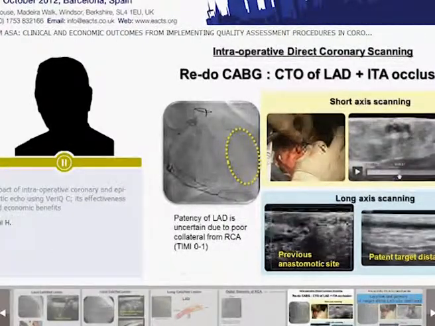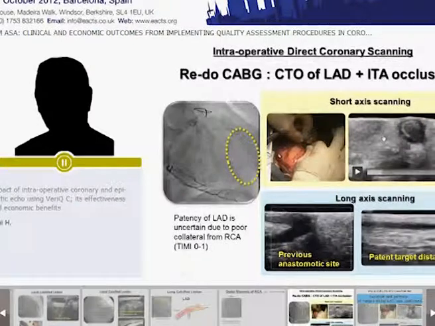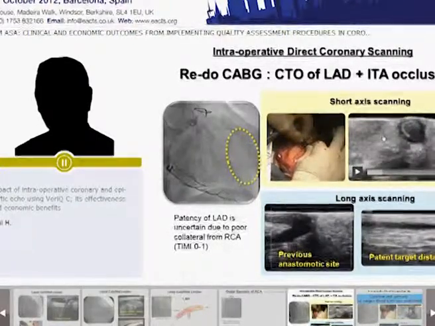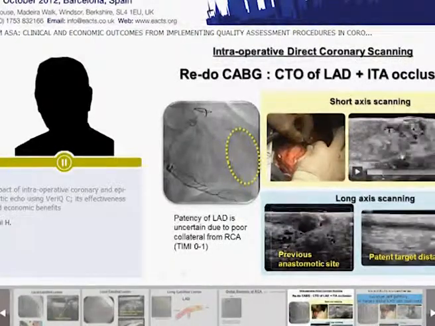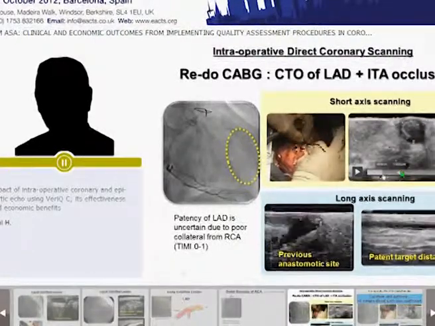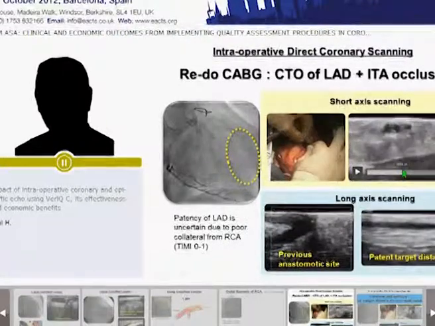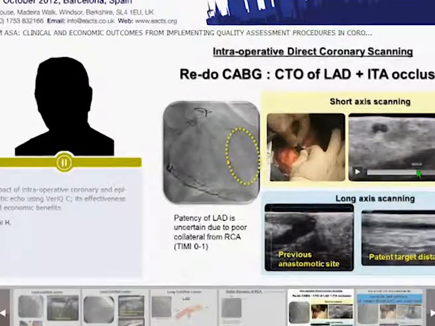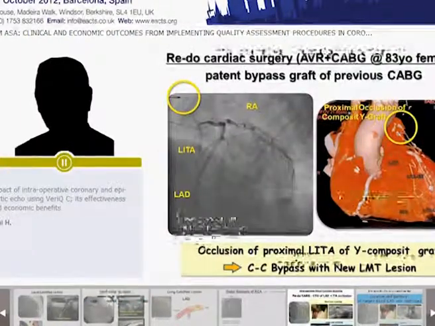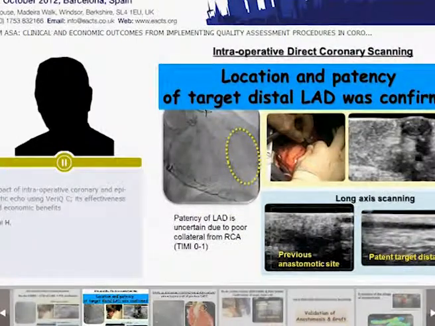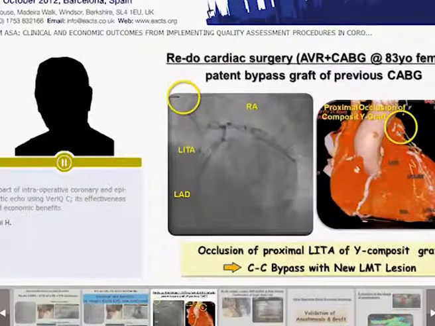See, this is the occluded LITA, and this is the LAD. Then, gradually scanning, there is some kind of thrombosis there. It is a very small caliber, but there was an LAD. The longitudinal view shows like this. For this patient, the location and patency of the target distal LAD was confirmed before arterial incision.